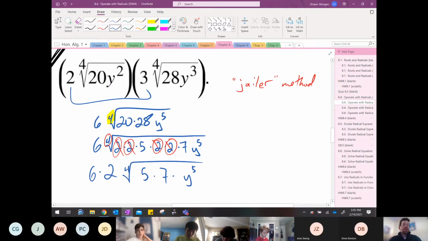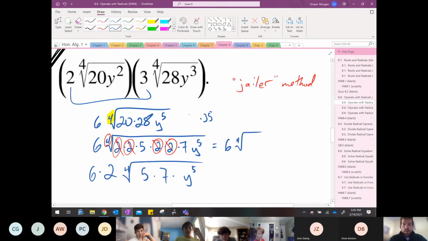But when we're simplifying radicals, fellas, that's all you got to do. You just got to consider, okay, what are the perfect factors that I could take out? Now, perhaps the more elegant approach would have been to say this is the 4th root of, and then to say 20 times 28 is the same thing as, oh, excuse me, not 4 times 35, 8 times 35, my kid, I'm sorry, it's not 8, it's 16.